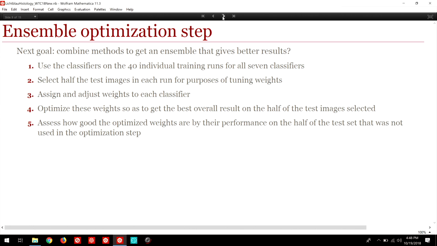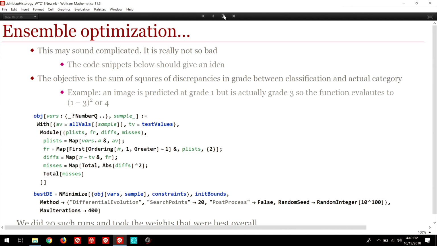Okay, so the next thing is to combine these into an ensemble that is sort of a voting scheme, so that you can get better results than you could from any individual classifier. We split our tests up, and we did a bunch of runs where we would tune to get good weights for each classifier.